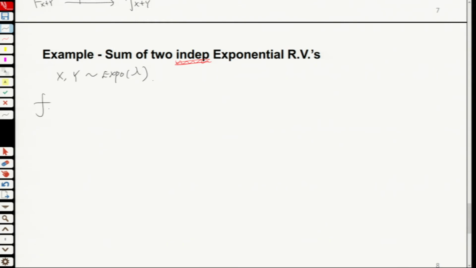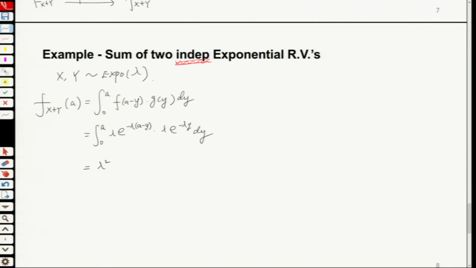What is the PDF of x plus y at a? This goes from 0 to a, f(a minus y) times g(y) dy. Let's do the convolution. This becomes the integral from 0 to a of lambda e^(minus lambda (a minus y)) times lambda e^(minus lambda y) dy.